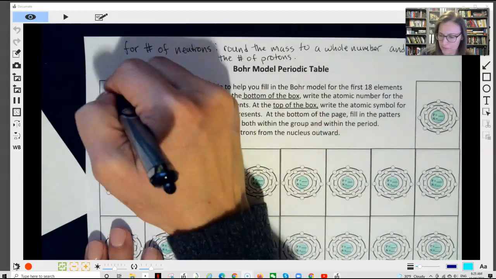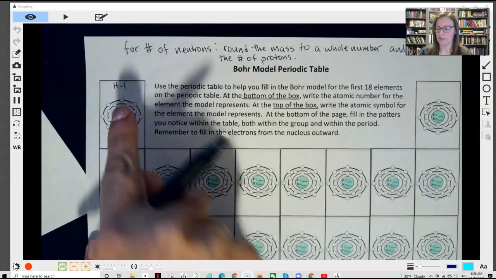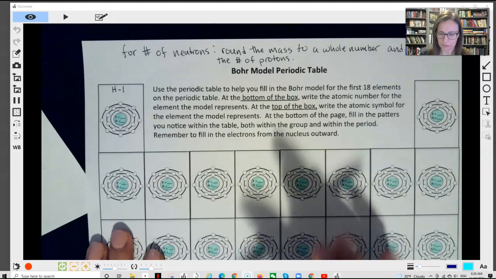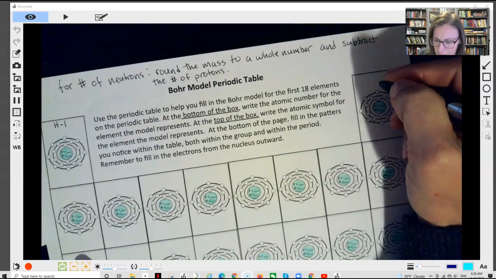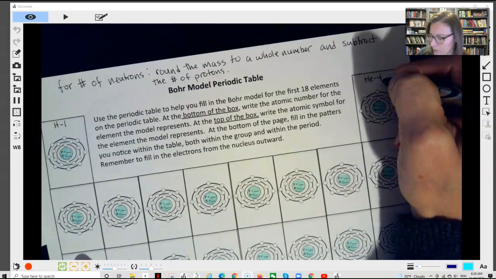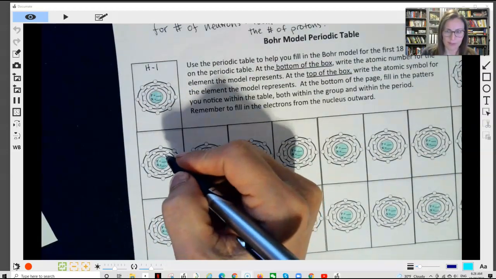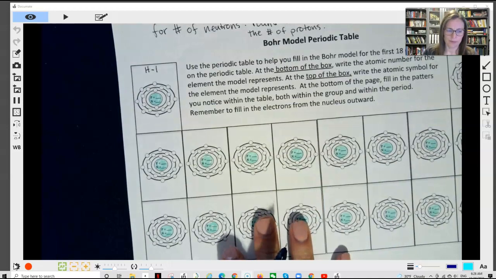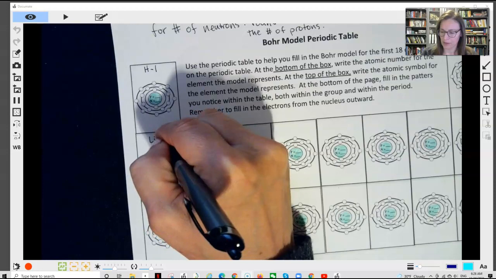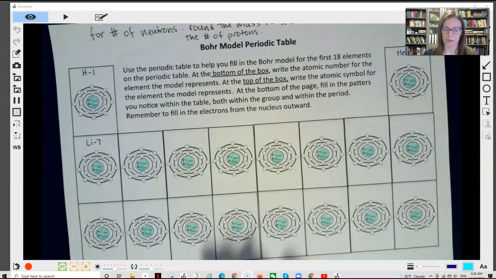So hydrogen, we're going to do hydrogen 1, right? This is the isotope name, so 1 is the mass number. And helium is 4. All right, and then we're going to have lithium. You guys should be following along and adding this onto your periodic table that you have for your note-taking handout.